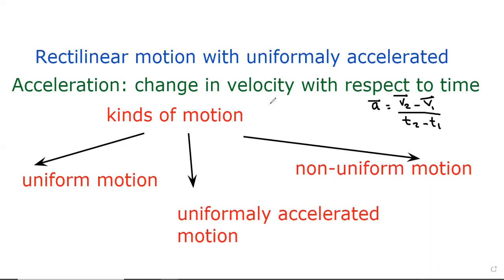Secondly, uniformly accelerated motion. What is uniformly accelerated motion? Uniformly accelerated motion occurs when an object moves in a straight line and its speed changes at a constant rate.